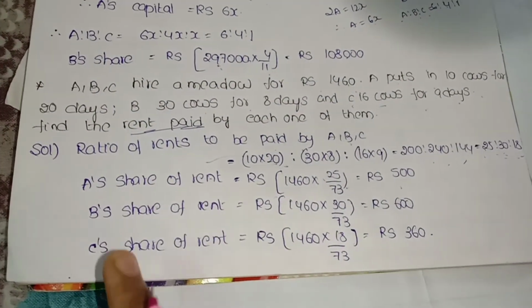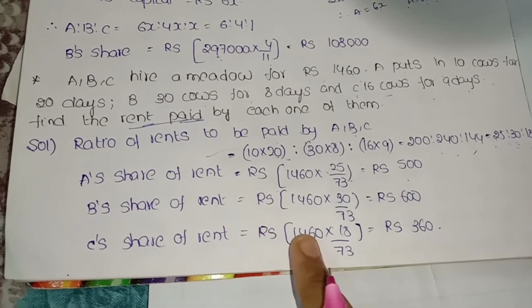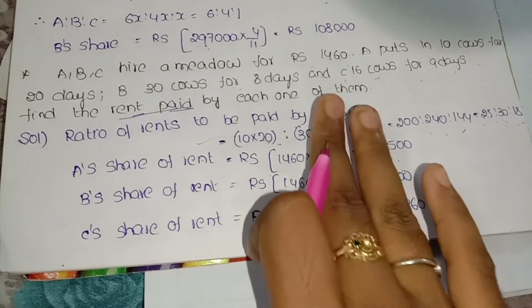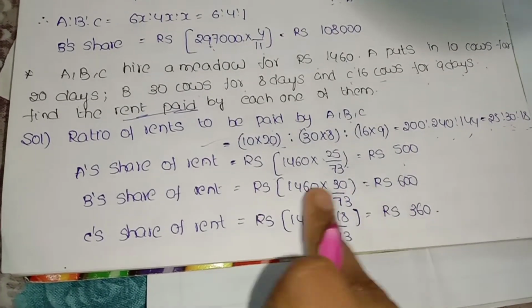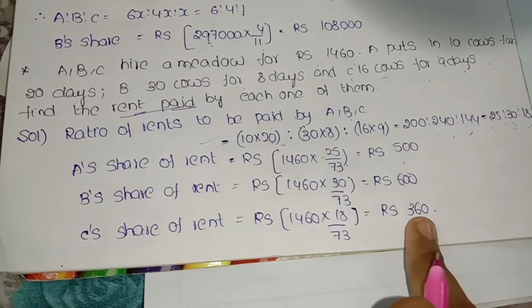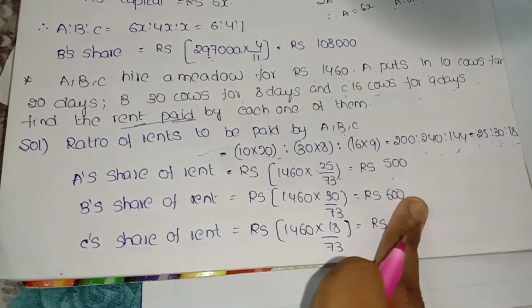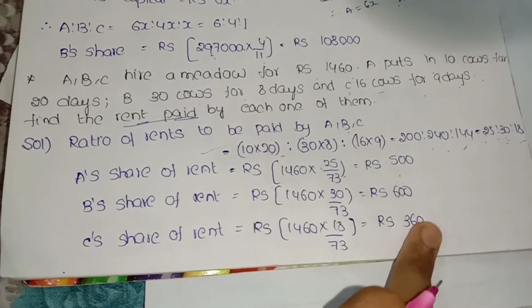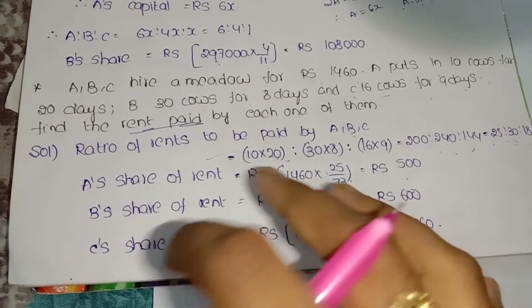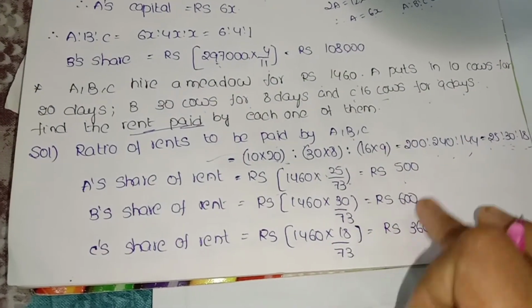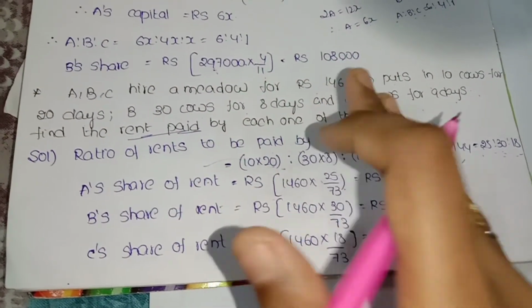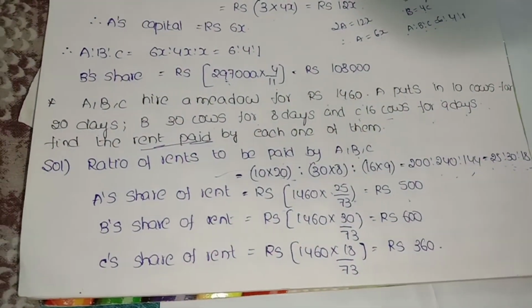And C's share of rent is Rs 1460 into 18 by 73. Simplifying, we get Rs 360. So A paid 500, B paid 600, C paid 360. The total rent is 1460. This is the answer for this question.